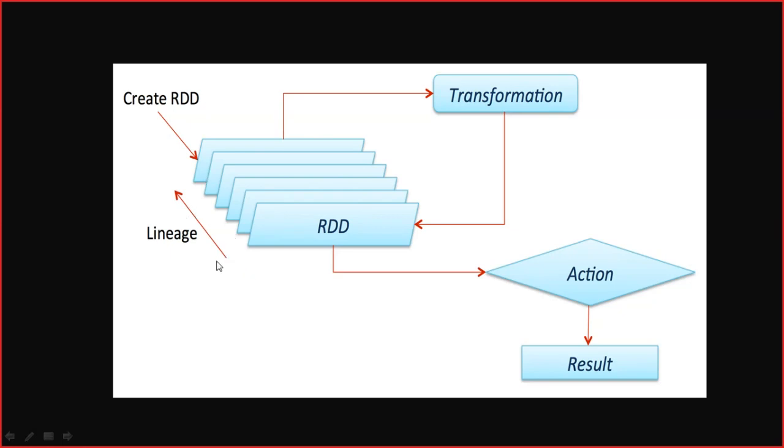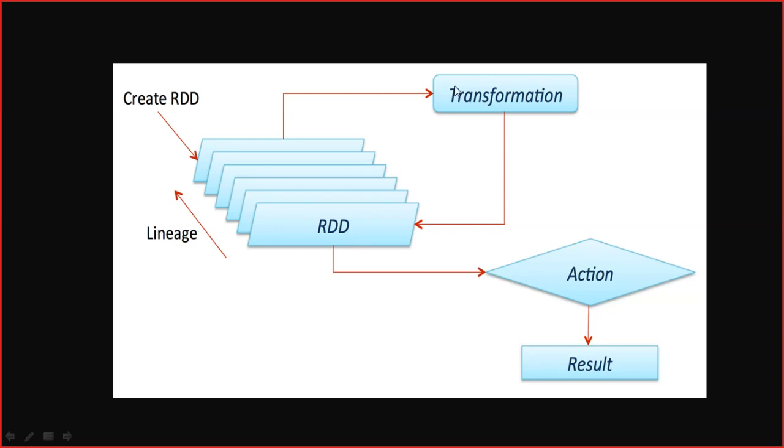As we have seen, RDDs are resilient, which means they are fault tolerant. So if an RDD crashes, we need to get our data back to a previous checkpoint, so it does not discard all the transformations that we have performed. It stores them in a directed acyclic graph.